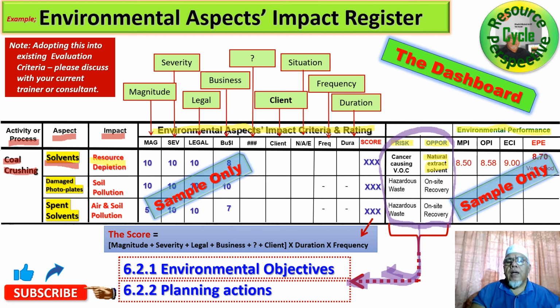Okay, and also we have got here damaged photoplates on-site recovery. This is a success story. This company is able to recover all the plates by soaking with solvent. Which solvent? The recycled solvent is being used there. Clean up the plates, and there's no damage, and most of the plates are not damaged except some are cracks.